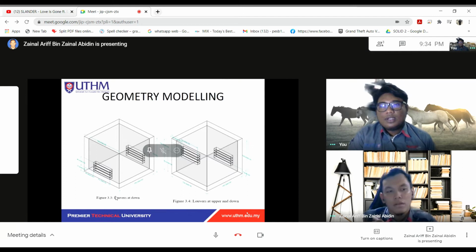Next, figure 3.3 shows the louver at down. So this is configuration down. For figure 3.4, the louver is up and down. So we can see that this is configuration up and down.